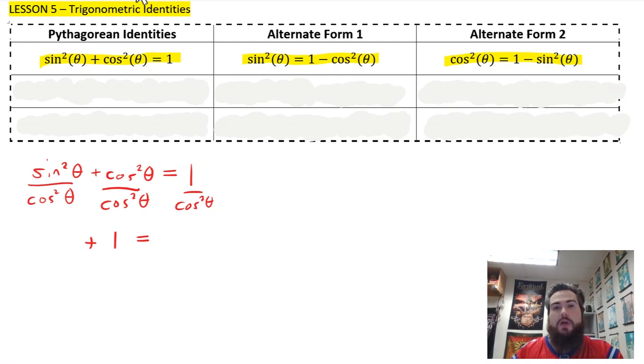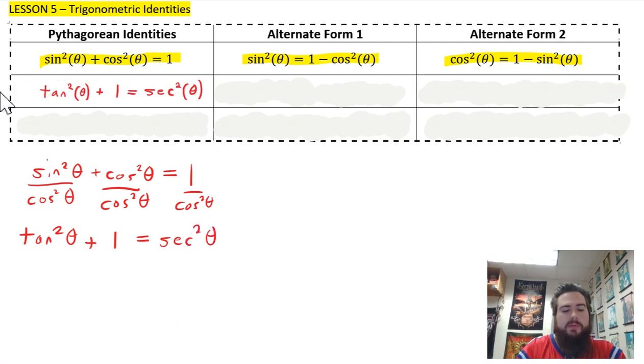Since we know sine over cosine is tangent, that means sine squared over cosine squared is tangent squared. 1 over cosine squared would be the same as 1 over cosine quantity taken to the second power, meaning that we can also write the fraction on the right side of this equation as secant squared. This is going to be one of the other Pythagorean identities.